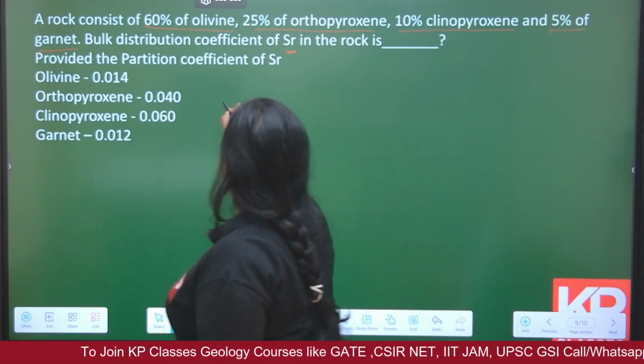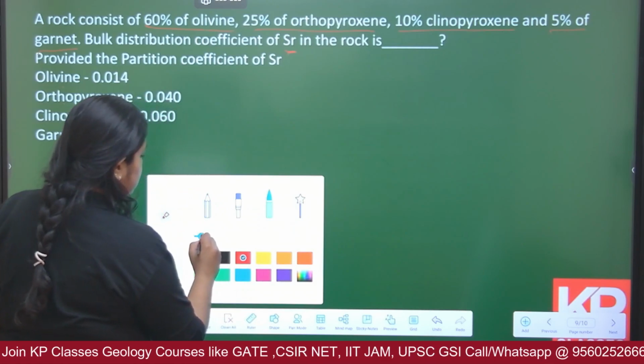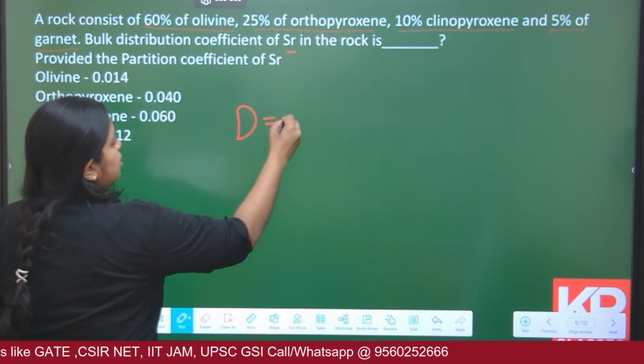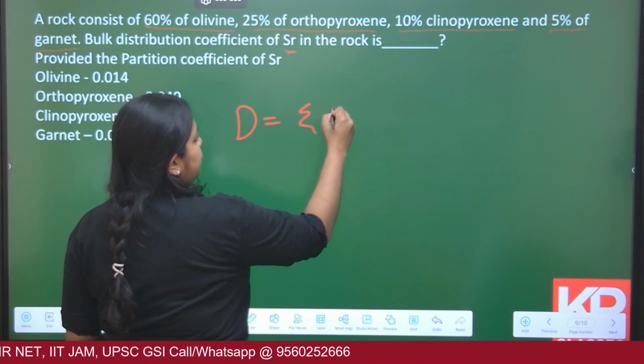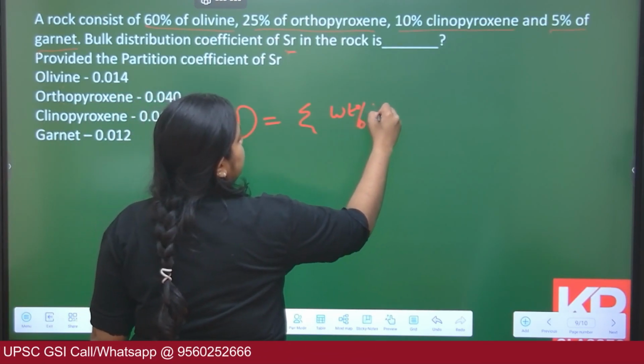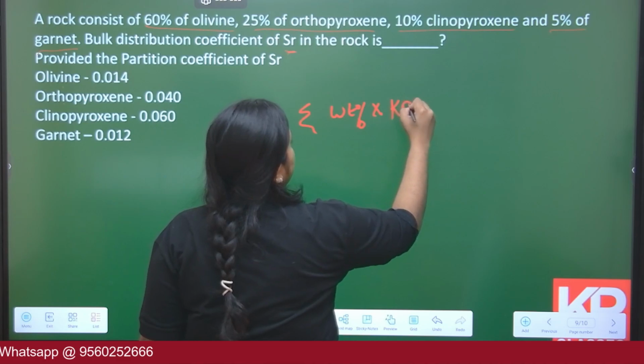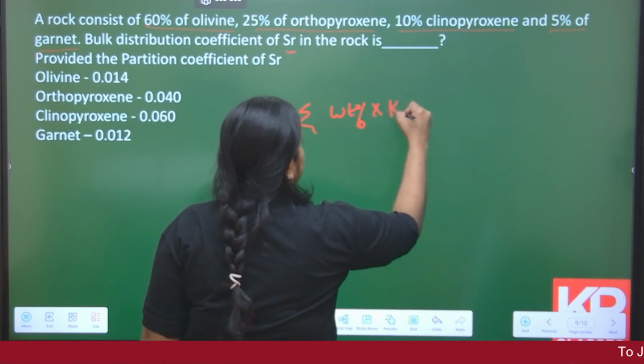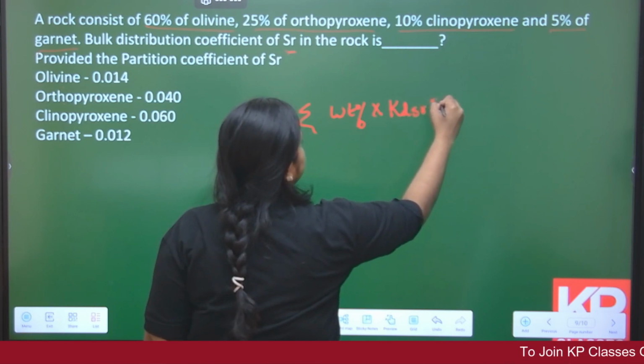So we know the bulk distribution coefficient equation is D is equal to the summation of weight percentage into the Kd value of strontium in each of the minerals.